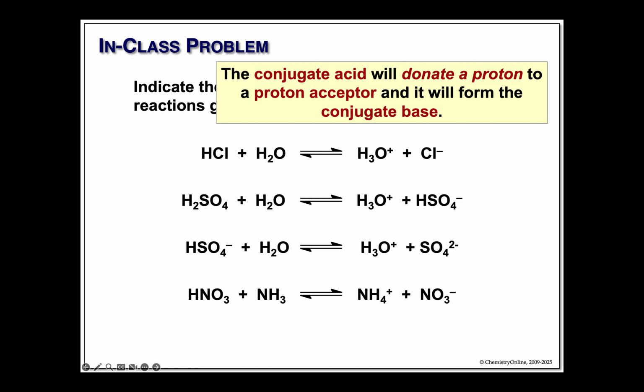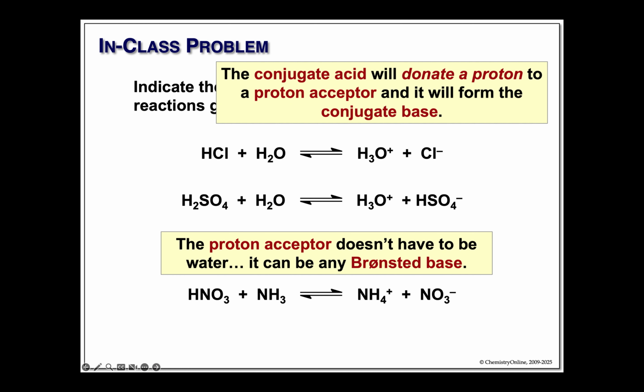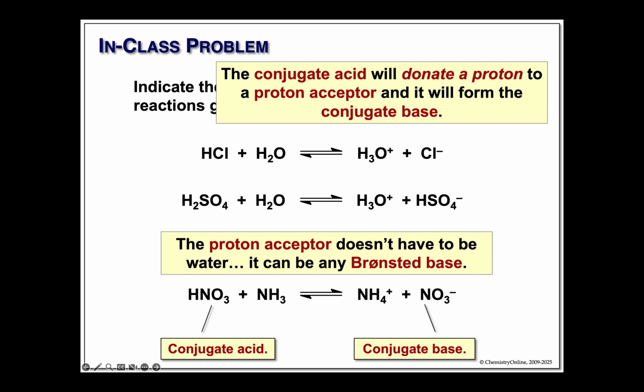It's even potentially possible that it could support life because of that. If nitric acid donates a proton to liquid ammonia, it will form nitrate anion. Conjugate acid-base pair, this and that.